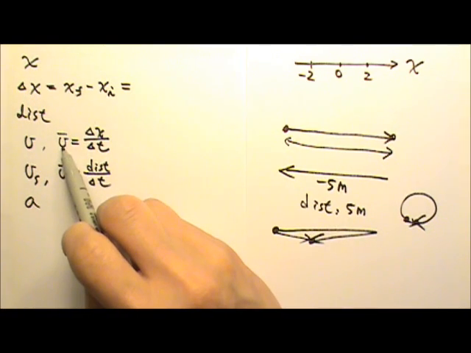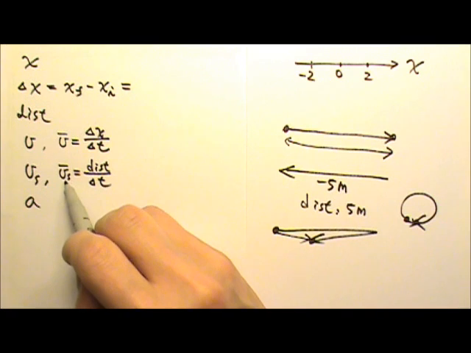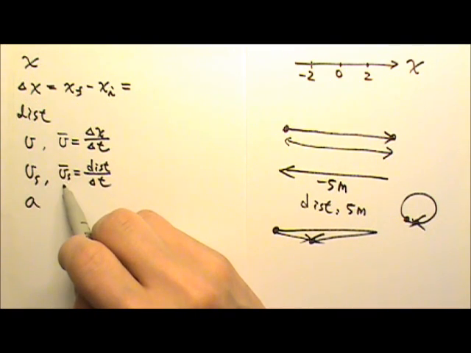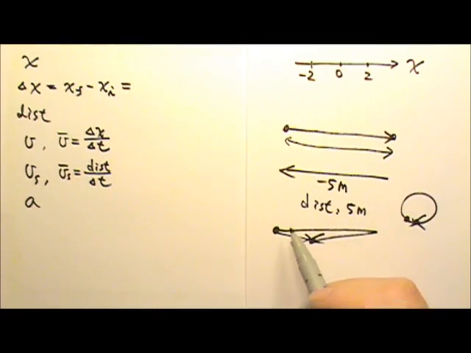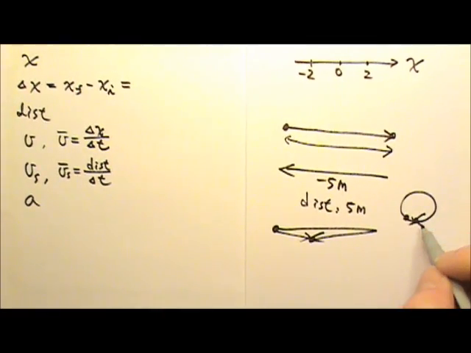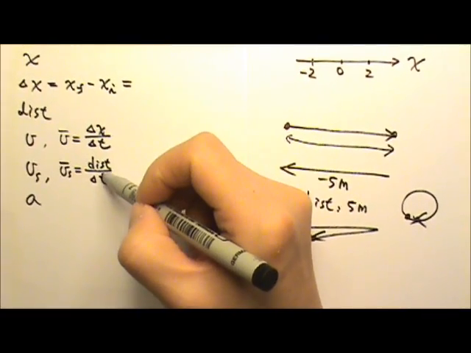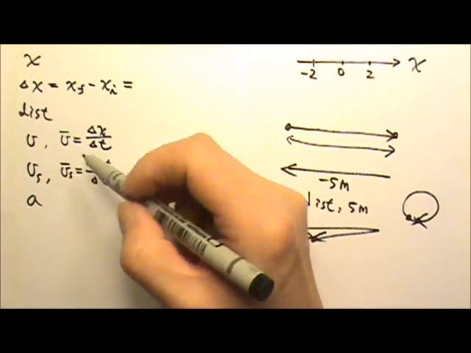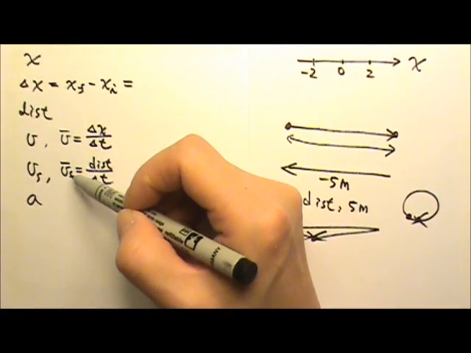So velocity is a vector because it comes from a vector. Speed is a scalar because it comes from the scalar. So if an object goes zigzag or circles around, then the displacement and distance traveled will not have the same numbers. That means the average velocity and the average speed will not have the same numbers either.